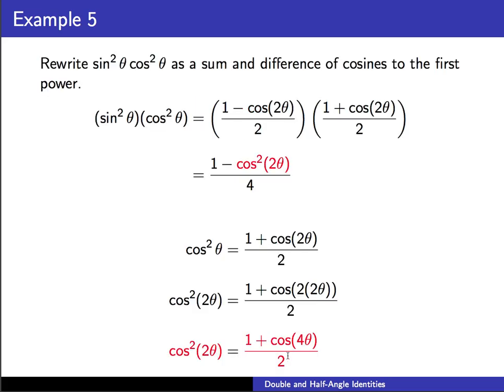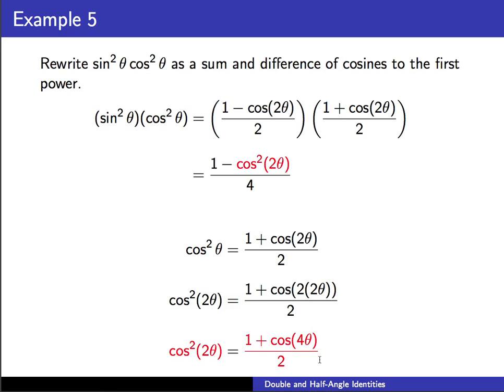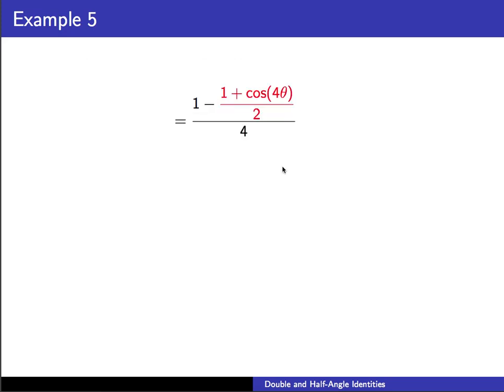So substituting our cosine squared 2 theta as 1 plus cosine of 4 theta over 2, we're just going to take this expression and substitute it back into this equation up here. What we end up with is 1 minus the fraction 1 plus cosine of 4 theta all over 2, and that's still all over 4. So again, we just took this expression on the right-hand side and substituted it back into what we got after the first step or two.